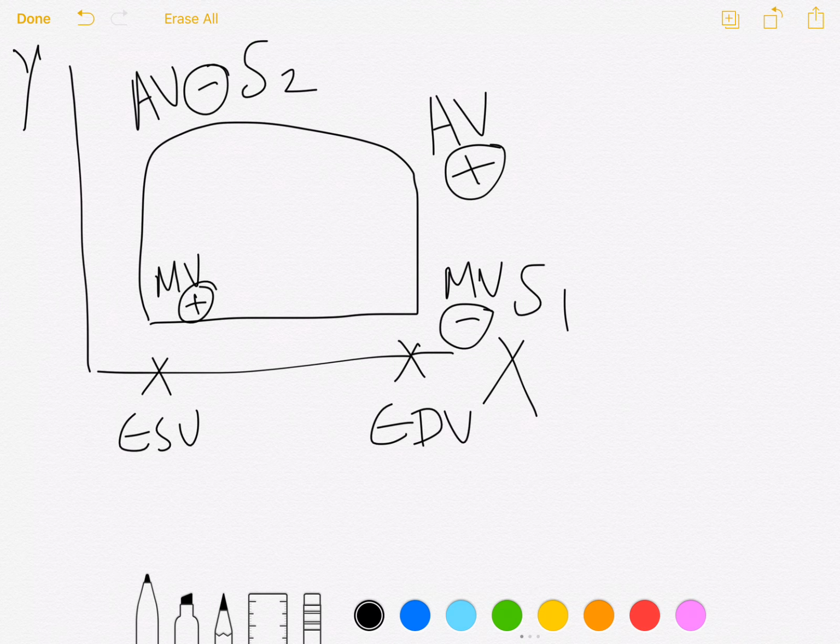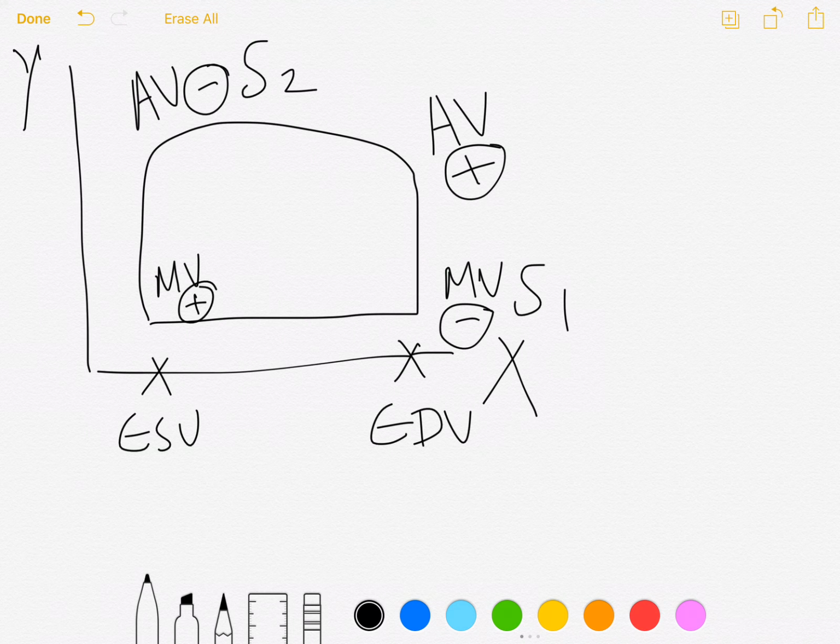But where to find the opening snap here? Before we find the opening snap, we'd like to know what the opening snap is. So the definition of the opening snap is the sudden opening of the mitral valve leaflets once the pressure inside the left ventricle in diastole falls below the pressure inside the left atrium.